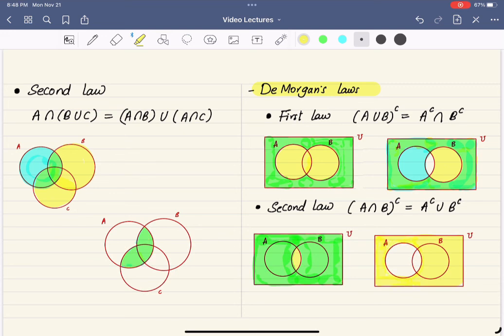And then you consider complement of B, which is the area outside of B right here. Shading, shading, and shading gives you this entire region. Now remember, you have to take union, so you want to consider everything that's shaded, and involving everything that's shaded, we make it all in our consideration, and boom, the left hand side is equal to right hand side.